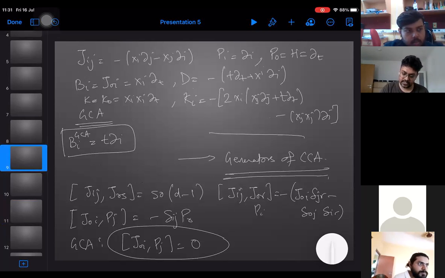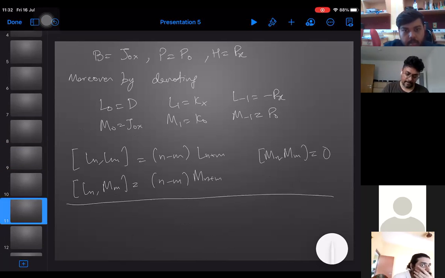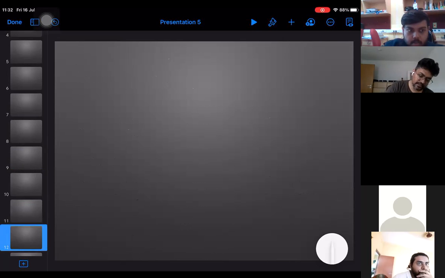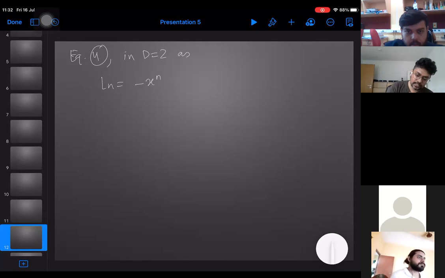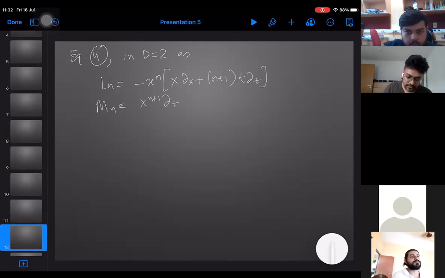For example, let's say this is equation 4. So you can write equation 4, which you have written down before, in d equal to 2 as Lx equal to minus nx del x plus n plus 1 t del t, and the same for the Mx as x plus 1 del t.